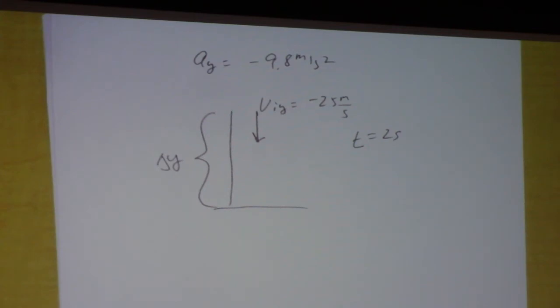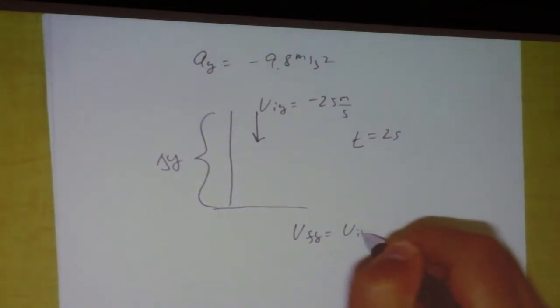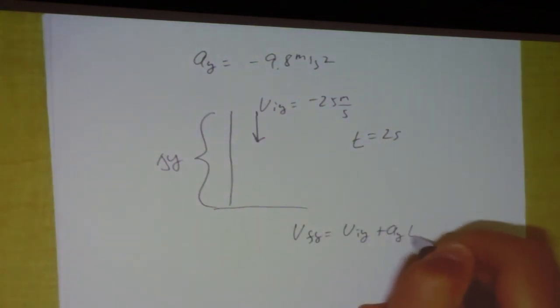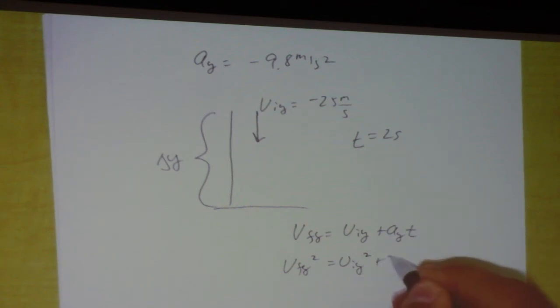So we've got all the kinematics equations to work with. Velocity final is equal to velocity initial plus at. Velocity final in the y squared equals velocity initial in the y squared plus 2a delta y.